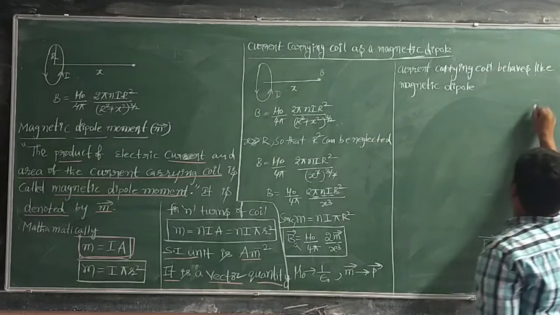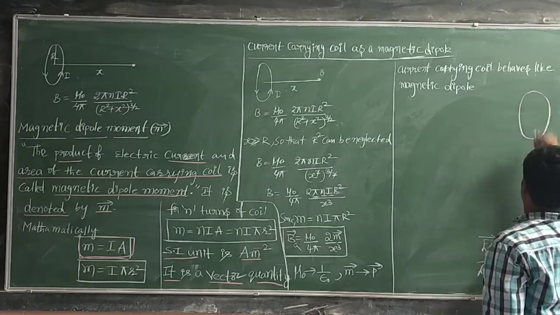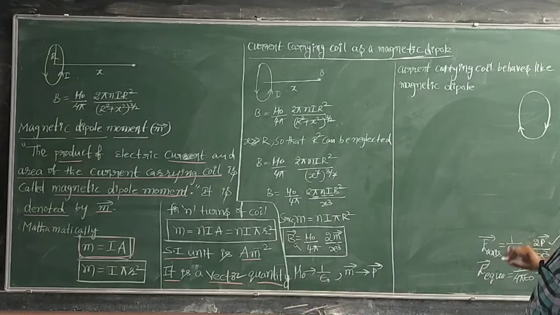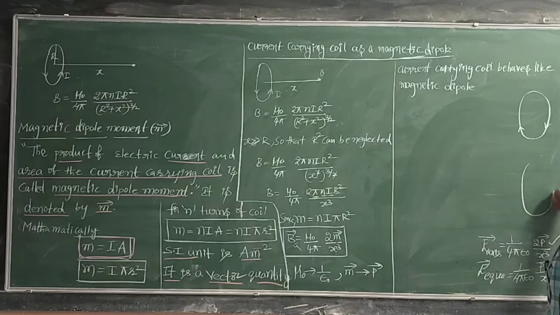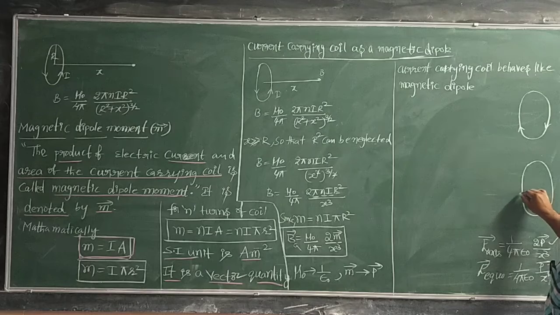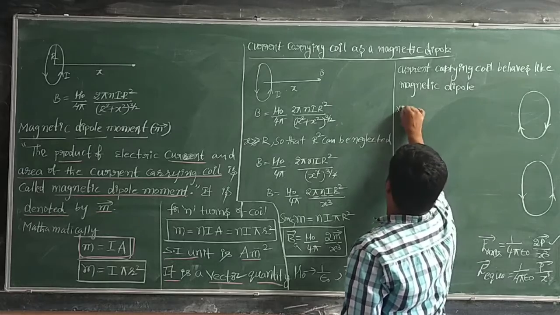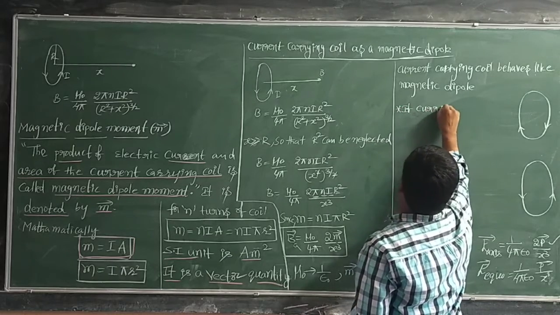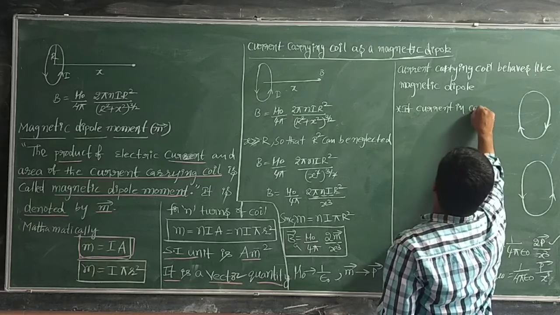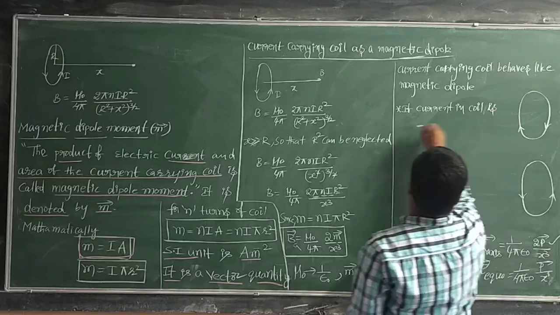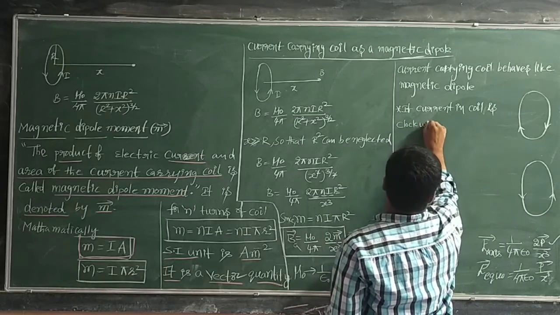Right? Suppose in the coil the current is in the clockwise direction like this, or in the anti-clockwise direction like this. Now see, suppose the current in the coil is clockwise.